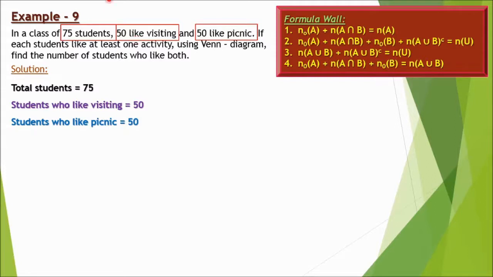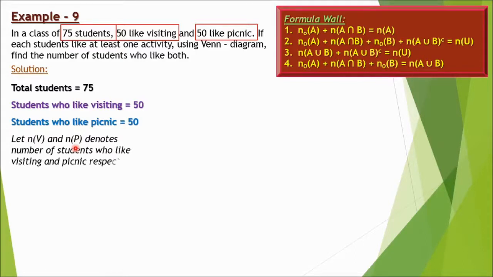So let us denote that NV is the number of students who like visiting, and NP is the number of students who like picnic. Now let's draw the Venn diagram. This is for visiting.